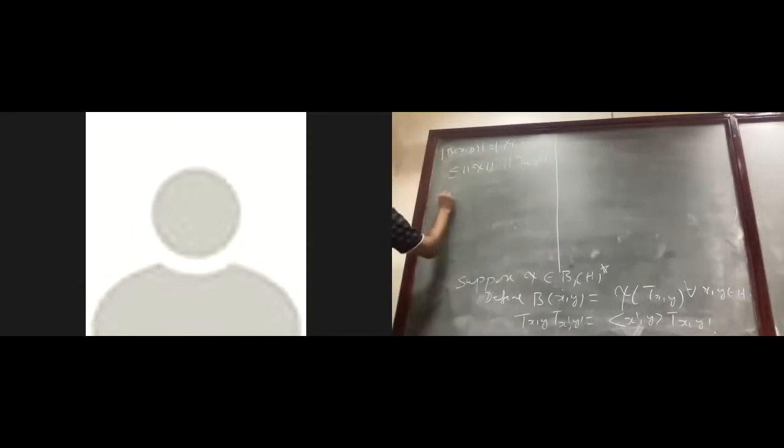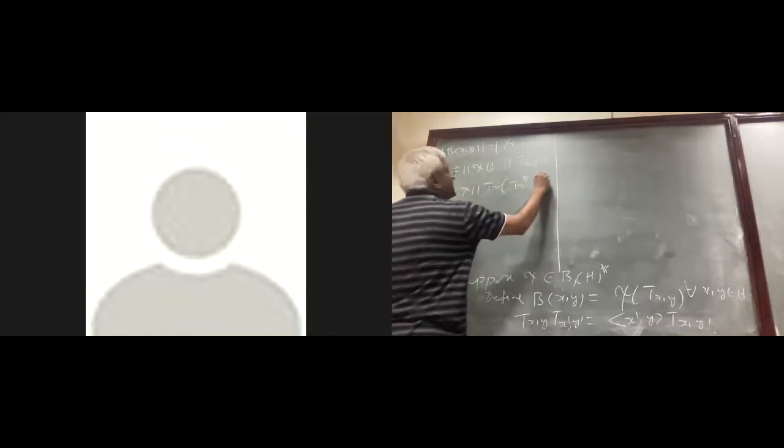Now this is less than or equal to norm chi times the trace norm of T_xy, which is just the trace. So that is equal to norm chi times the trace of the modulus of T_xy, the one norm.